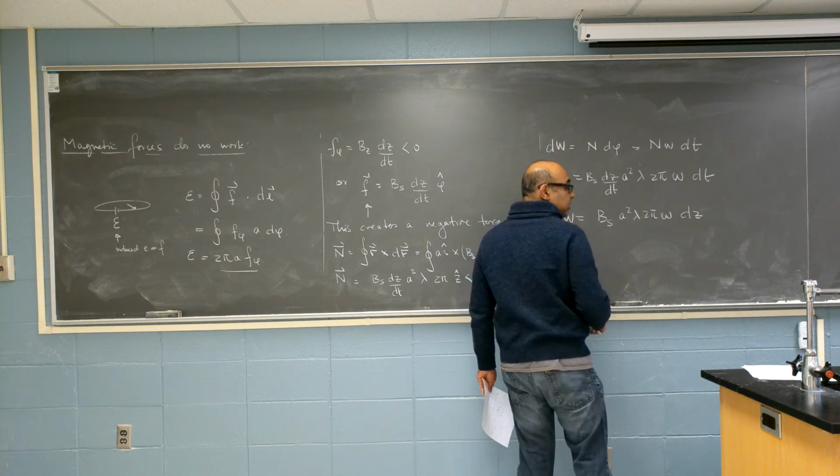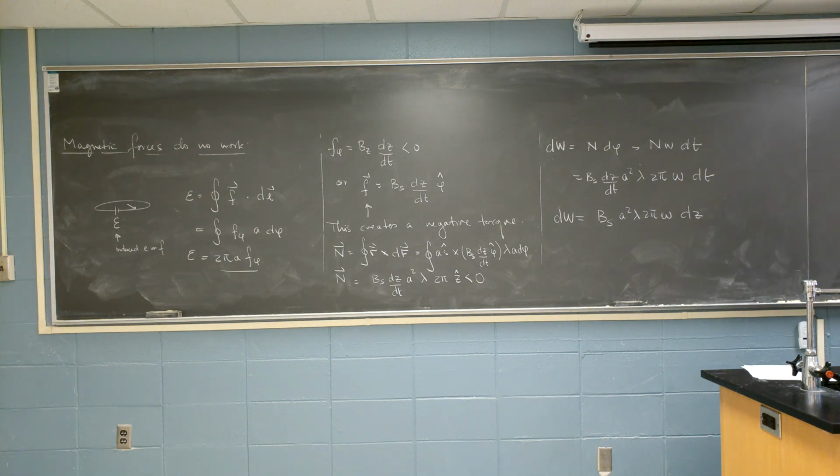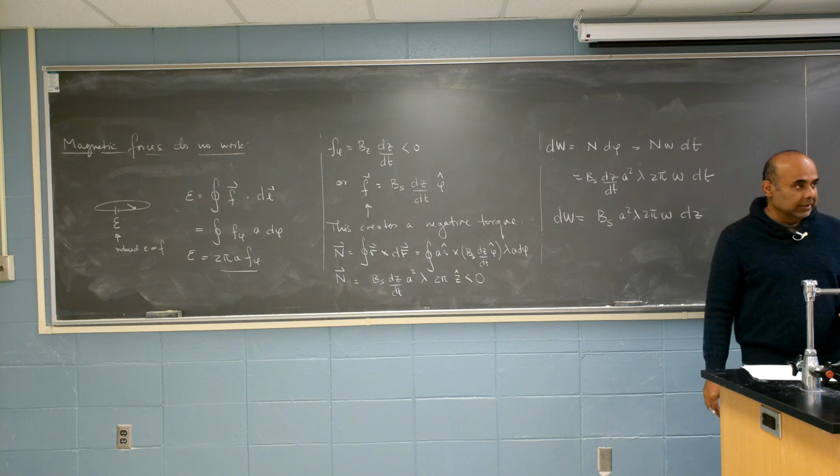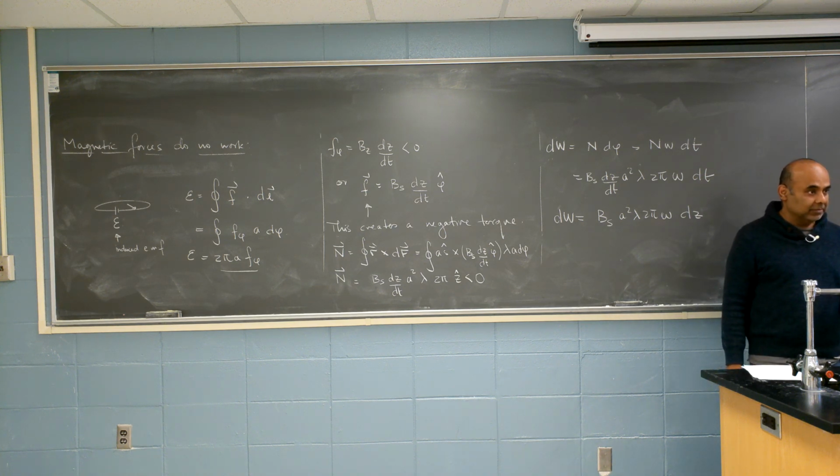You recall this expression? It is precisely the work that was done in lifting the car. So what we have learned is, as the electromagnet attracts the car, there's an induced EMF in the car that creates a negative torque.